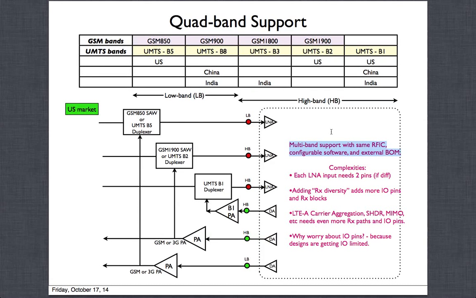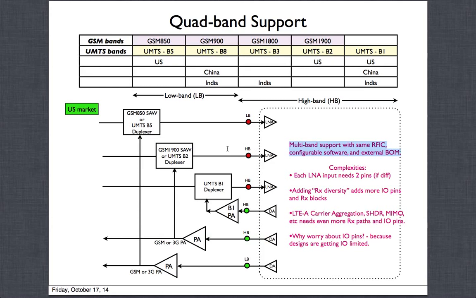We will look into that more later, but first let's just see how many inputs and how many LNAs we will need. We will worry about the rest of it later. So in this example you have one low band input and this is a low band LNA. This is going to be more like a narrow band matching, and we'll talk about LNAs and what the topologies commonly look like later. And we have two high band LNAs.